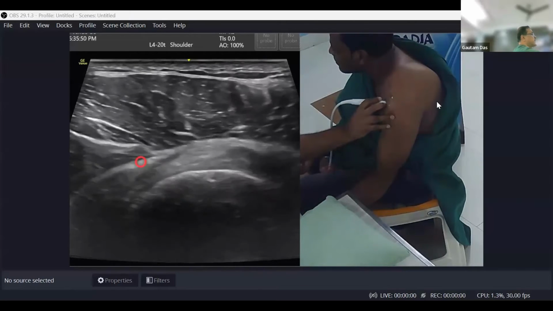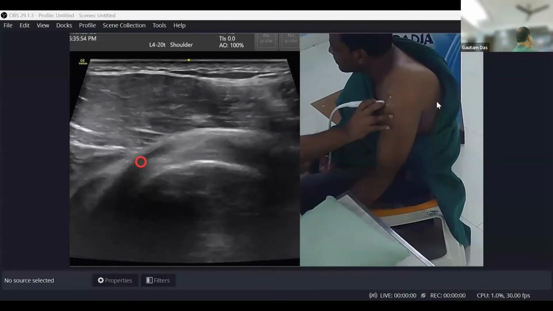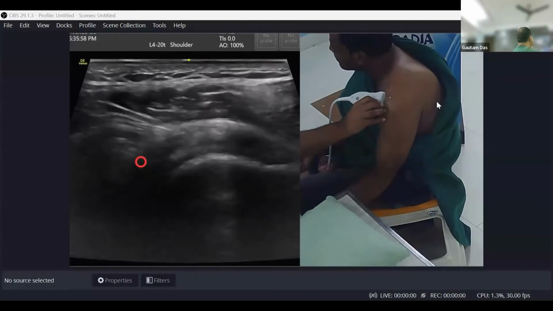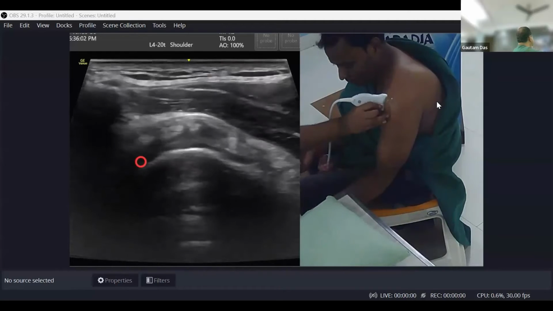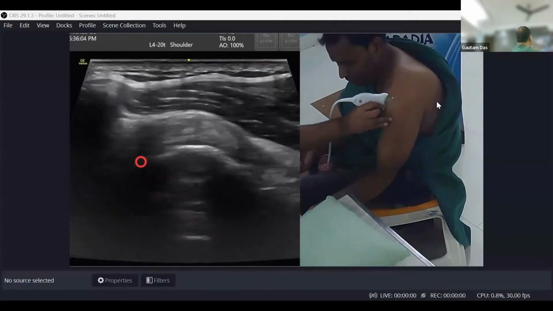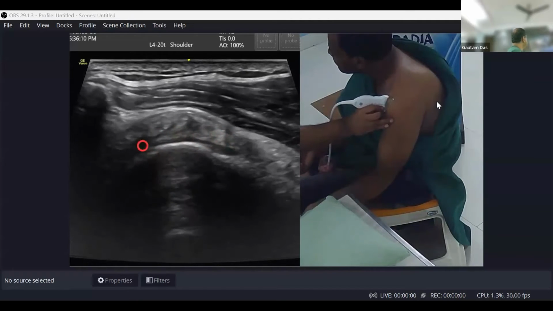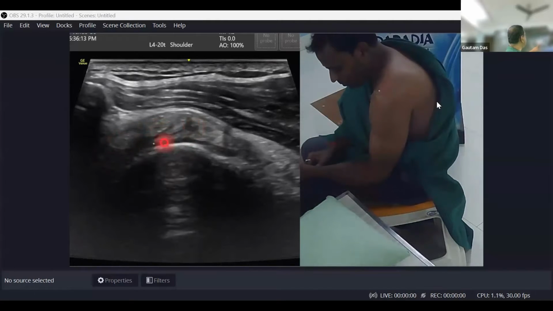Now, if I am rotating it, so now my aspect marker is up. So here at this position, I can see the subscapularis. This is now your subscapularis in the short axis. So what is important here? When you are seeing it in the short axis, you can see there is hyperechoic, in between the hypoechoic, again hyperechoic.